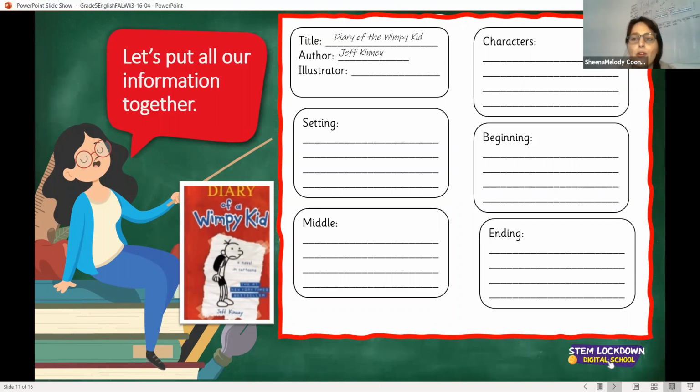Author, Jeff Kinney. Good. Okay, so if the author is Jeff Kinney, who is the illustrator? Yesterday, we learned about illustrators, and the day before. And you guys all seem to know what an illustrator was. So now, I don't know on the chat if you're giving me the answer for the author or for the illustrator.